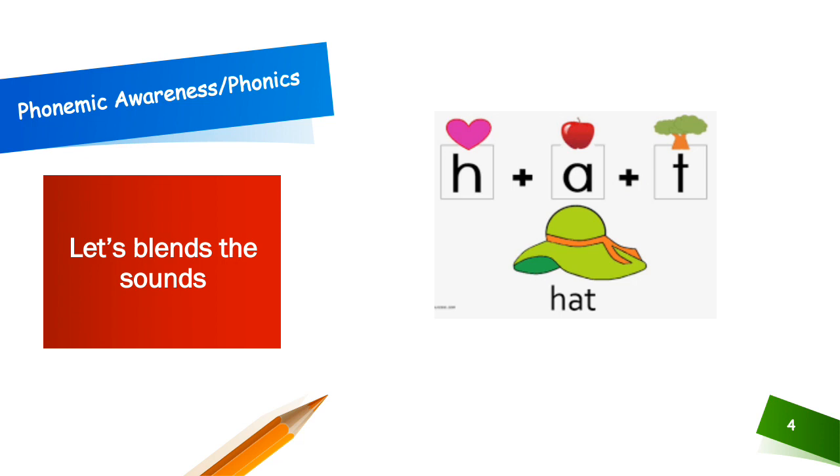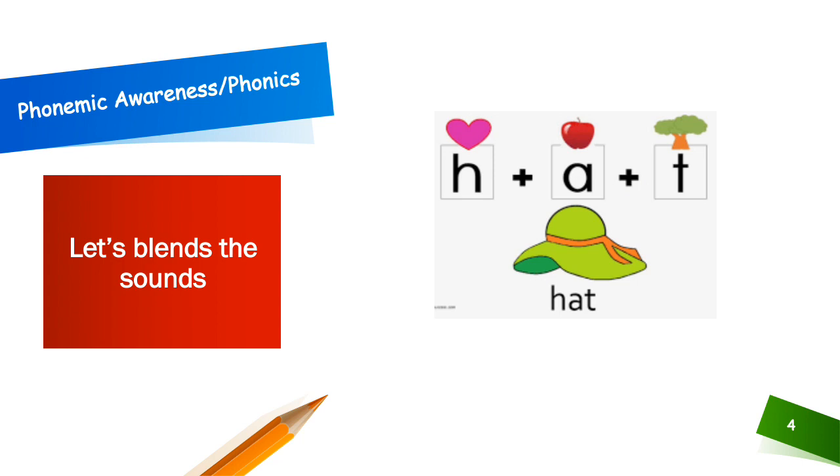Now let's do one together. The word is cat. What sound do you hear at the beginning? K, k. What sound do you hear in the middle? A. And what sound do you hear at the end? T. K, a, t. Blend them all together, you get cat. Good. Let's do another one. The word is sad.